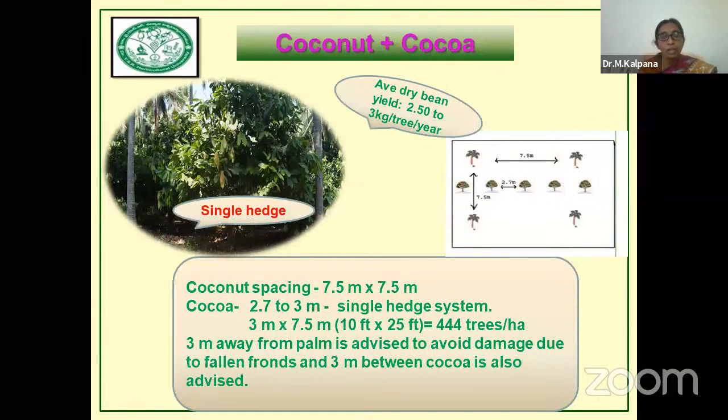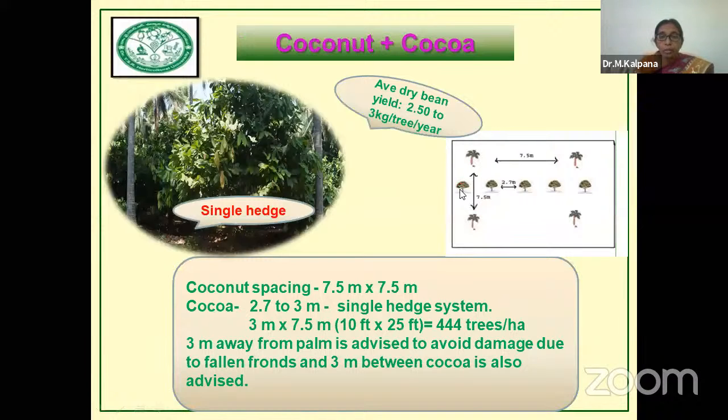And I already told you this is grown as an intercrop in coconut gardens. If you grow it as an intercrop in a coconut garden in the single hedge system, the coconut spacing is 7 by 7 meters, whereas cocoa is 2 to 3 meters. The single hedge system accommodates around 444 trees per hectare, and care should be taken not to plant near the base of the palm.